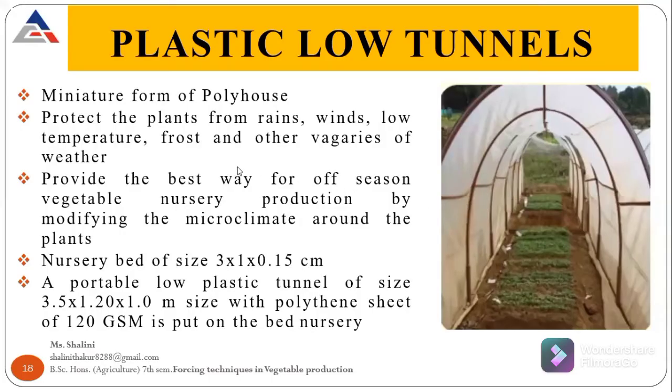So these plastic low tunnels are made to create a microclimate for a very small area and for seedlings, and that is also known as a miniature form of polyhouse. We are protecting the plants here from heavy winds and frost during winter, and it is the best way for off-season vegetable nursery production.